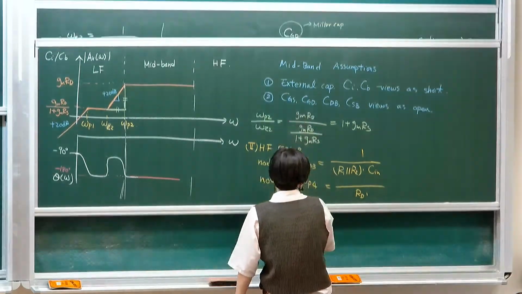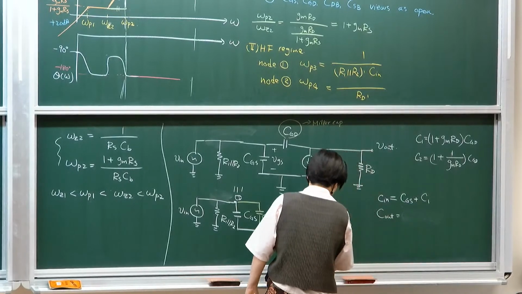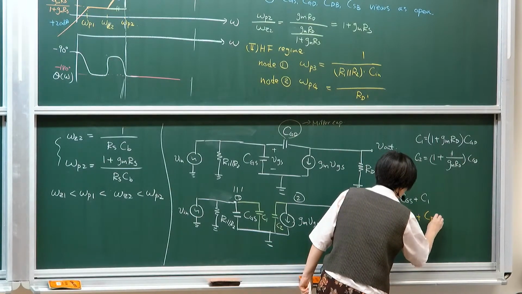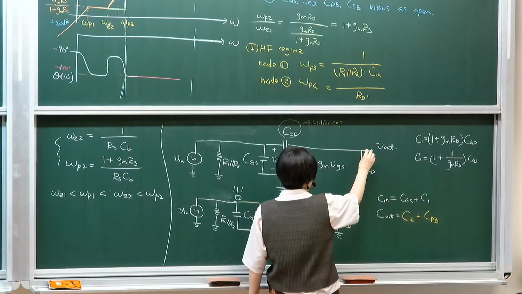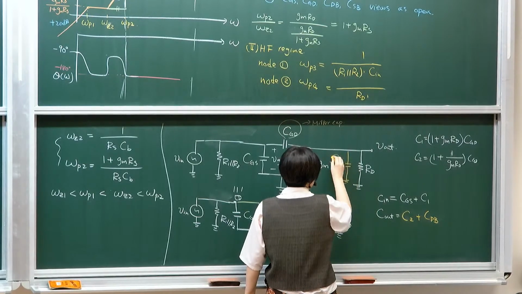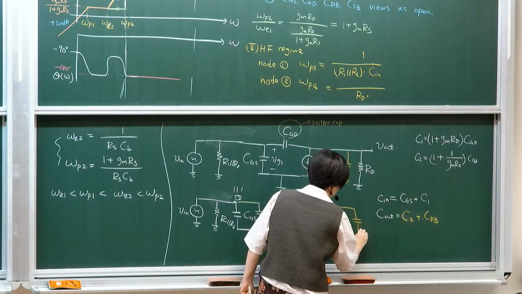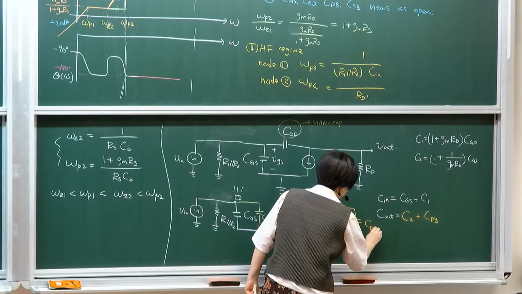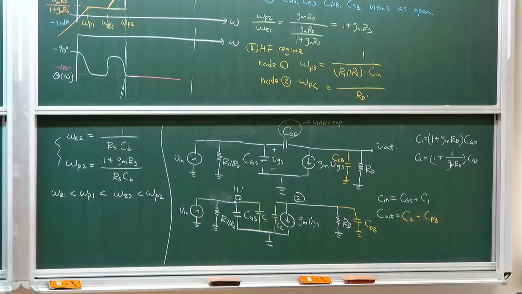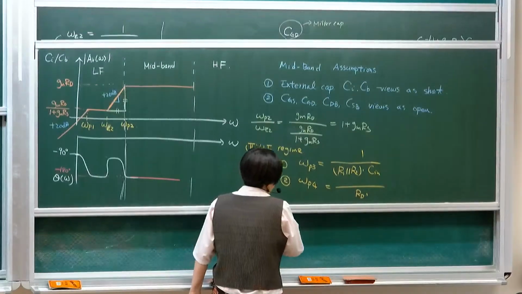This should be just C2 itself. Plus, if you want to be more comprehensive, you should be able to add another junction capacitance, CDB. Your output terminal will see the loading or junction capacitance plus C2. So this will be RD times Cout.